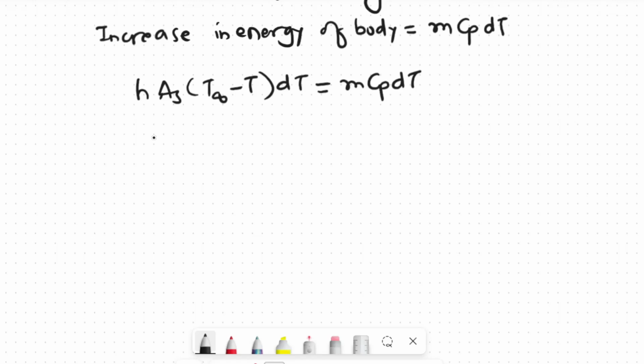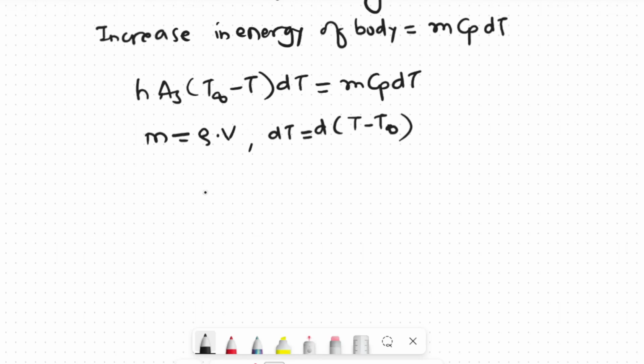But we know that the mass of the body will be equal to density into the volume, and also that the dT value is equal to d into (T minus T infinity).